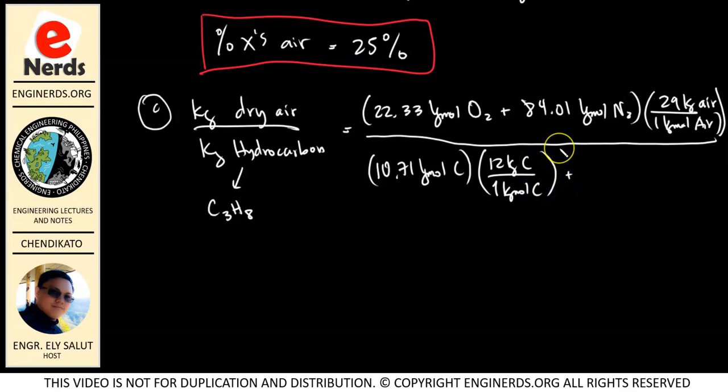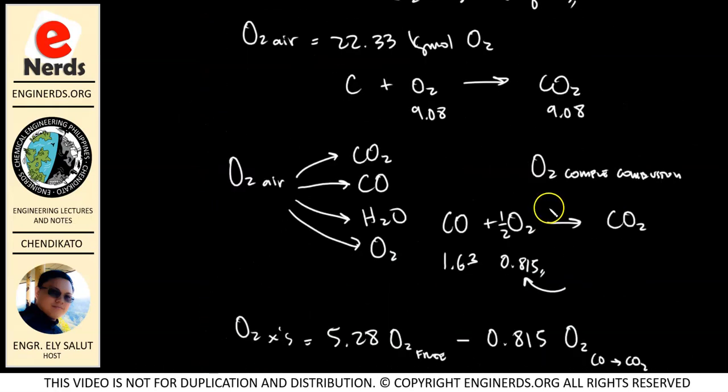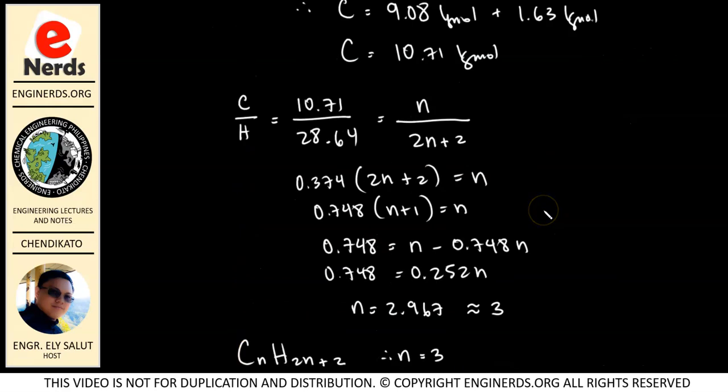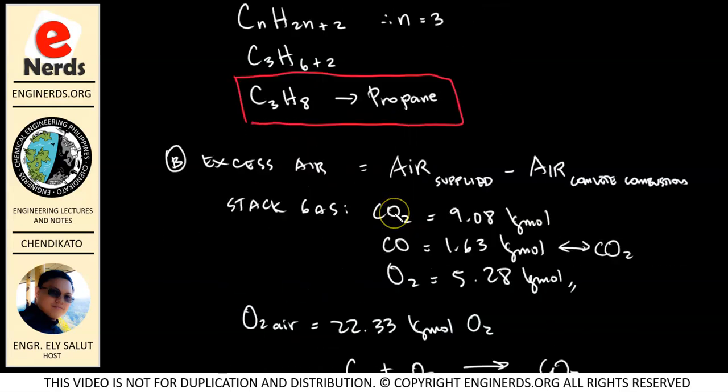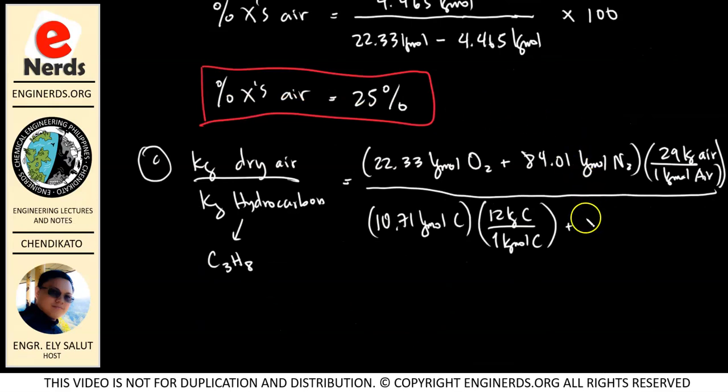Plus hydrogen. So, gaano karaming hydrogen meron tayo? Hydrogen natin, na-calculate na natin kanina. We have 28.64 kilogram mole of hydrogen.